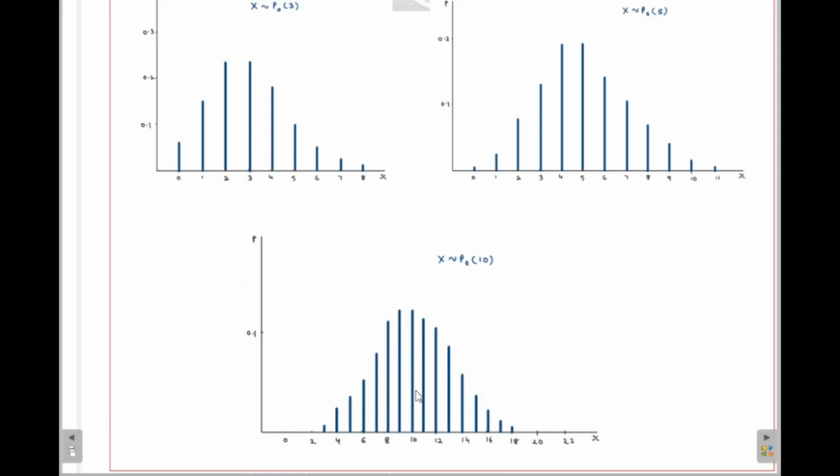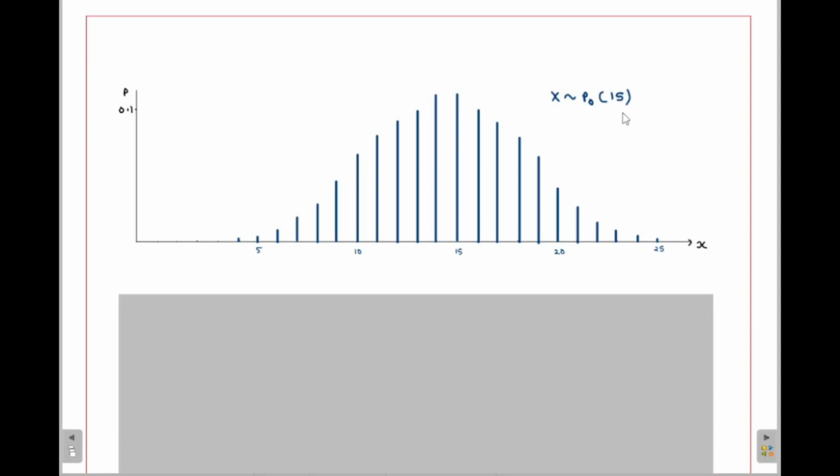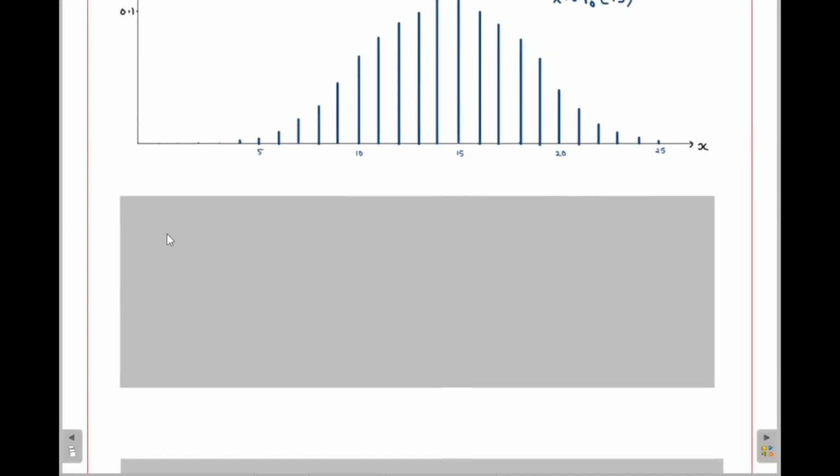Till what value can we increase lambda so that it becomes more and more symmetrical? Let's try to see. Here I have taken lambda equal to 15. If we take lambda equal to 15, the curve is becoming symmetrical again, correct? It is taking the shape of a bell curve. So can we say that when lambda is greater than 15, we can approximate this Poisson distribution using a normal distribution? Why?